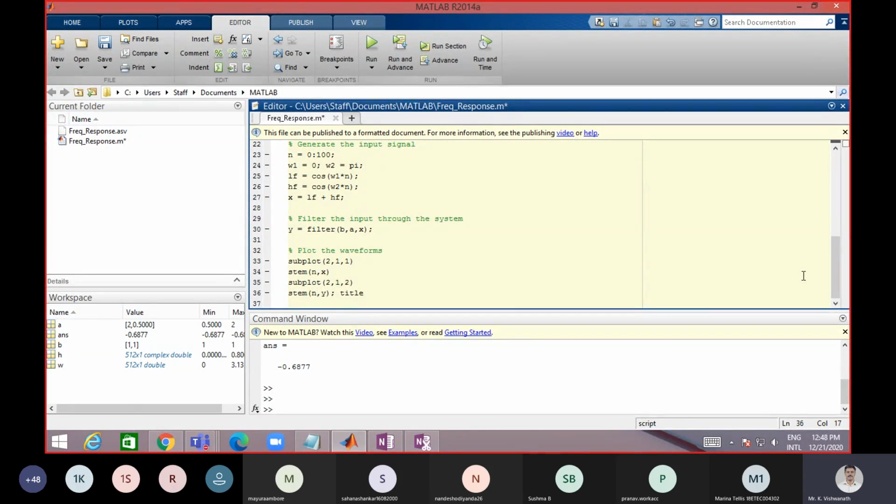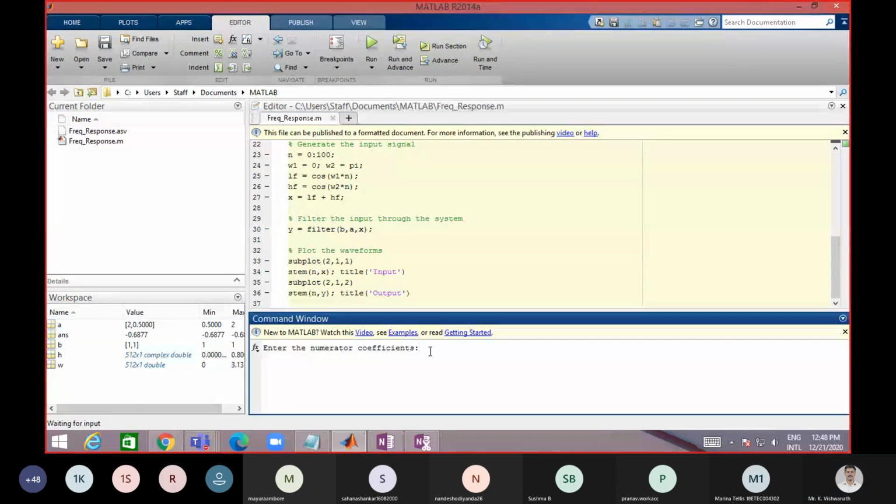Here it is output, this is input. So we'll just plot this for the same coefficients. So numerator coefficients are 1 and 1, and denominator coefficients are 2 and 0.